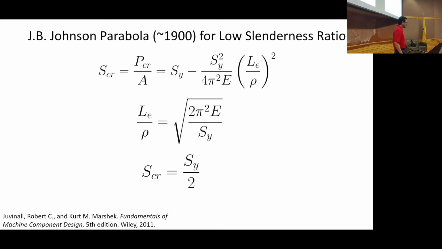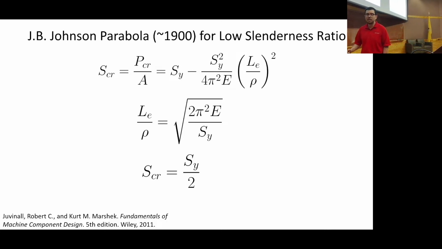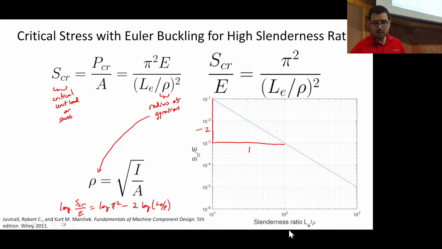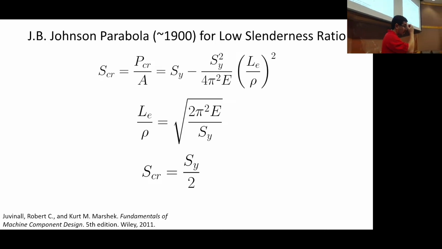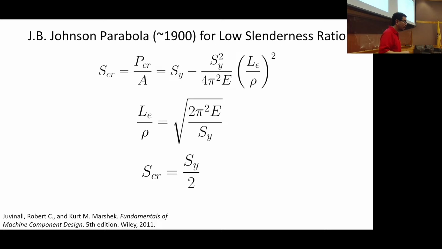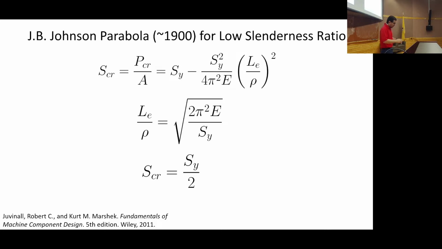Now, the Johnson parabola says, we're looking at pretty high slenderness ratios in a lot of cases, but 10 is a low slenderness ratio. And 10 as a slenderness ratio might actually not obey the Euler buckling behavior. You have an intuition that at some point buckling is not going to be a problem.